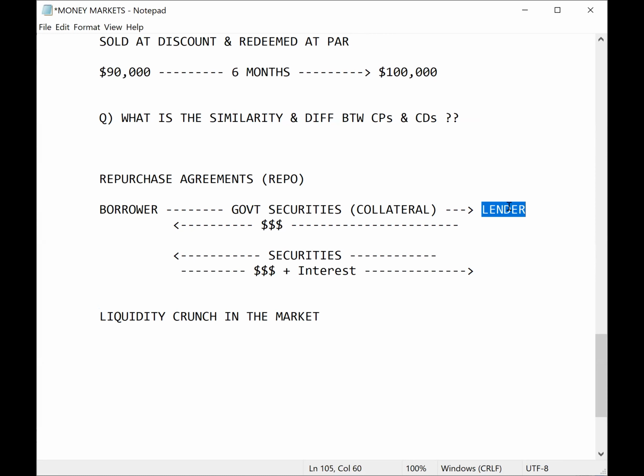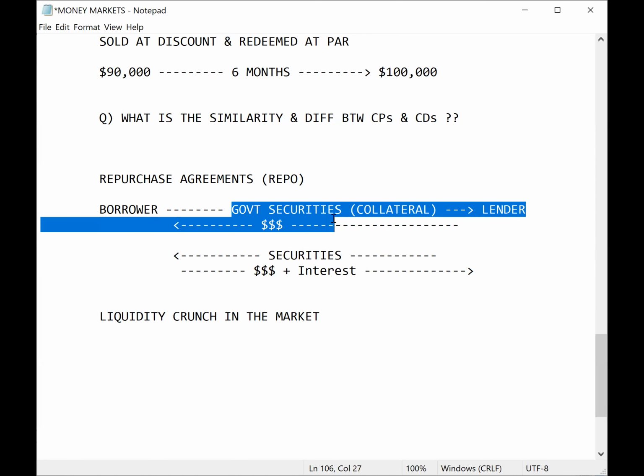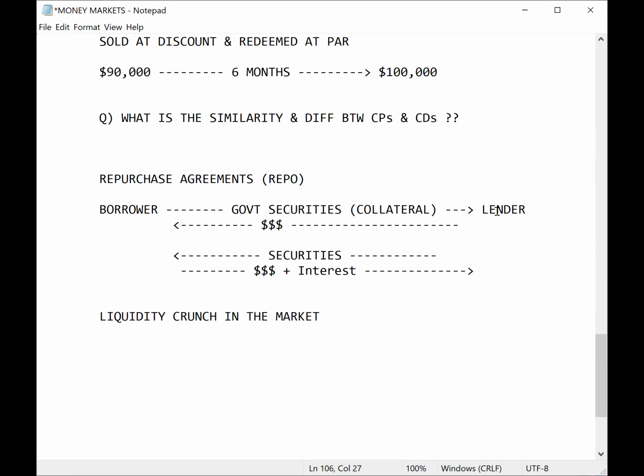Then the lender, before giving you the liquidity, would definitely ask for some protection, right? So these would become more popular then. When everybody has a lot of liquidity available with them, they may not ask for collateral. But if there is a shortage of funds in the market, then whoever is giving funds away would ask for some protection.